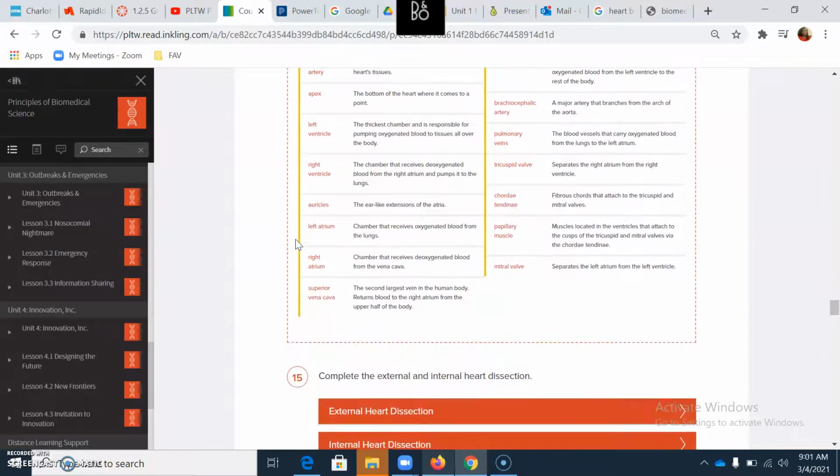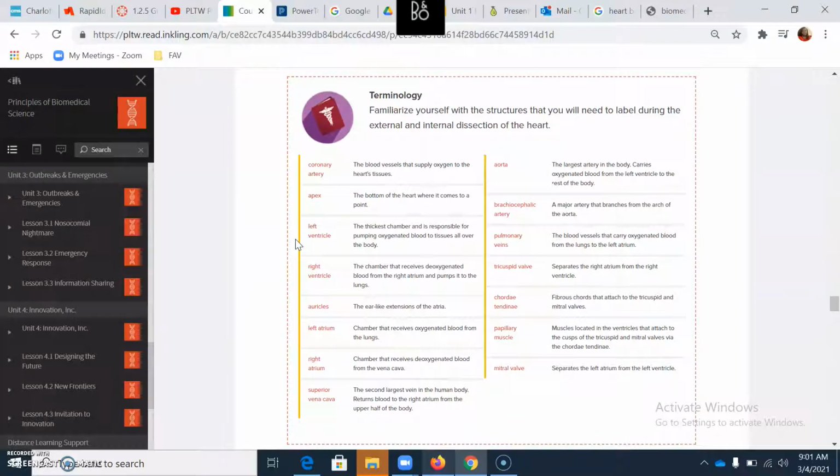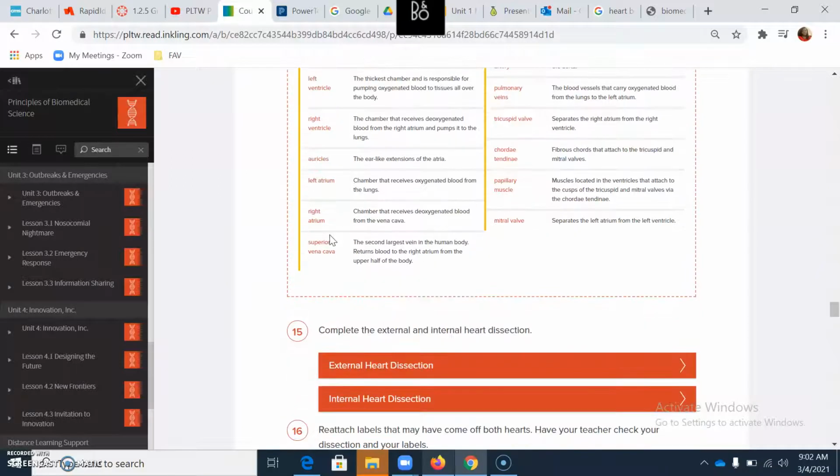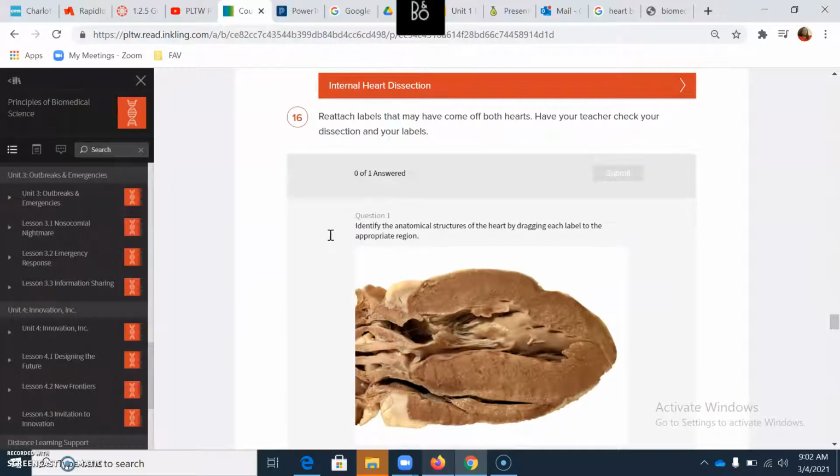So the whole purpose was to see if this plays a role with Anna or anything of that nature. You can also familiarize yourself with some of these things as well, like the coronary artery, left ventricle, things of that nature, to kind of know what it is.